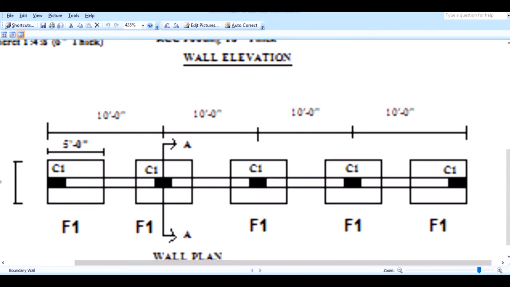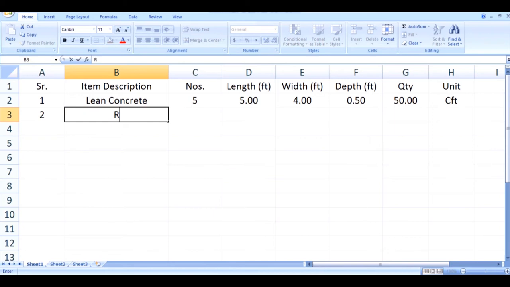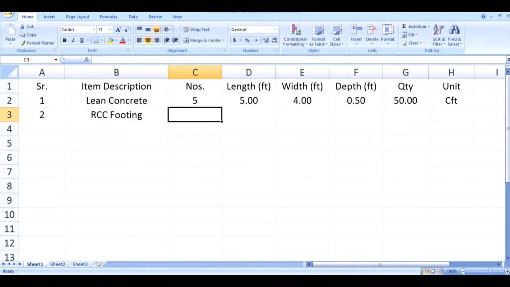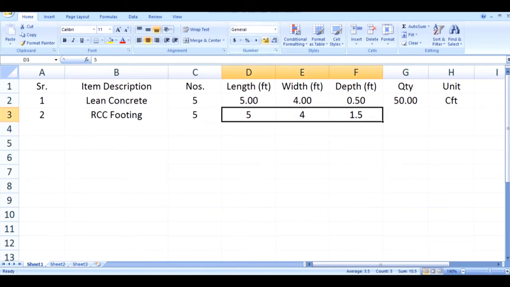So again there are 5 foundations. We write here serial number 2. Instead of lean concrete we write here RCC footing. The same number 5, same dimensions, length 5 feet, width 4 feet, and thickness will be 18 inches, which we divide by 12 to convert it from inches to feet.